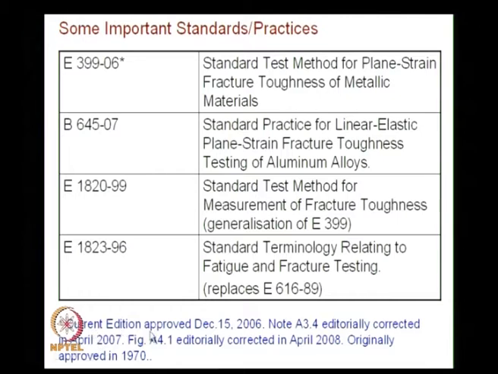The current edition is approved on December 15, 2006, and you also have the summary in this. A particular section, note A3.4, was editorially corrected in April 2007, and figure A4.1 was editorially corrected in April 2008. Originally the code was approved in 1970.